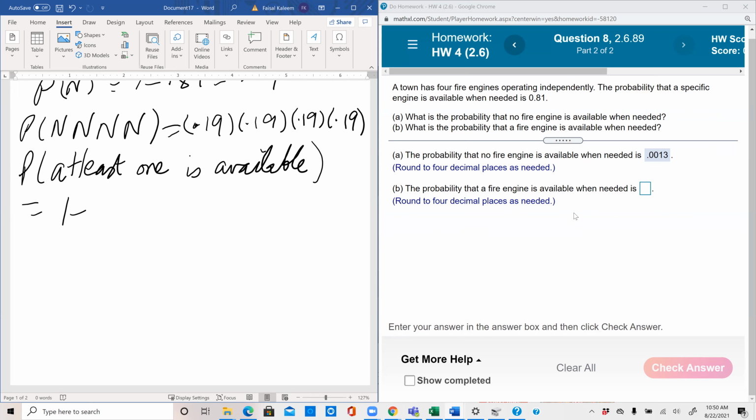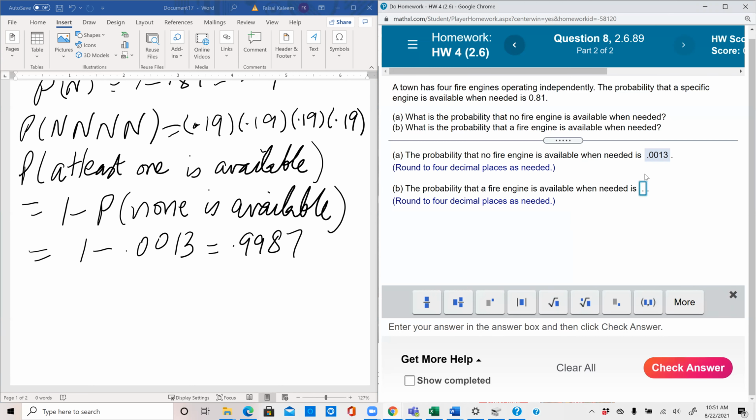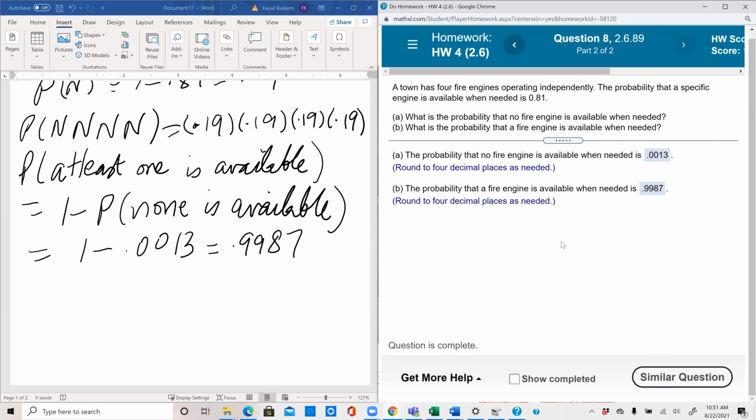So the probability at least one is available is 1 minus the probability none is available. The probability none is available was calculated in part A, so that's 0.9987.